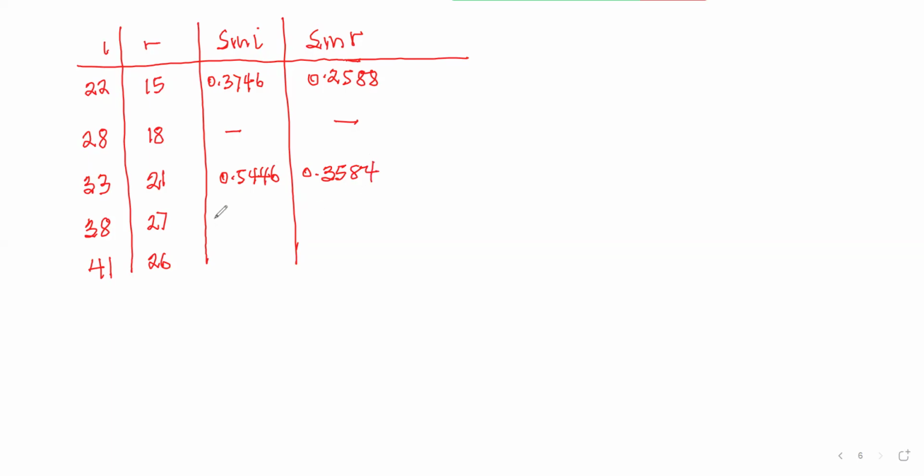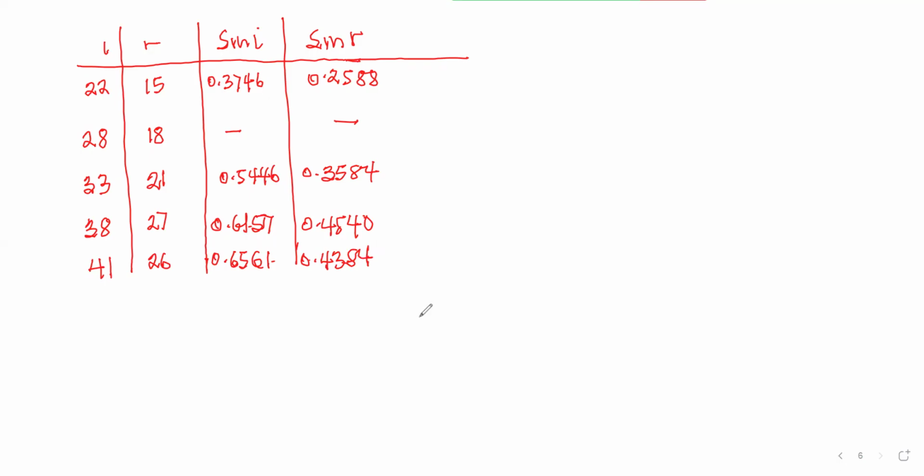Sine of 38: 0.6157, and then 0.4540. Then the last, sine 41: 0.6561 and 0.4384.